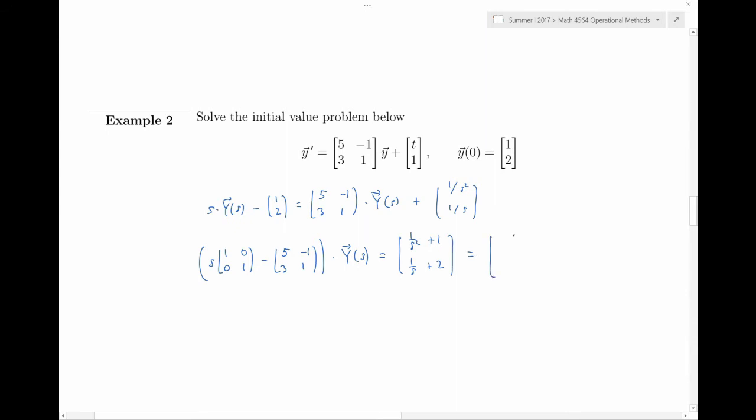Let's simplify the right hand side. So it's going to be s squared plus 1 divided by s squared, and here it's going to be 2s plus 1 over s.